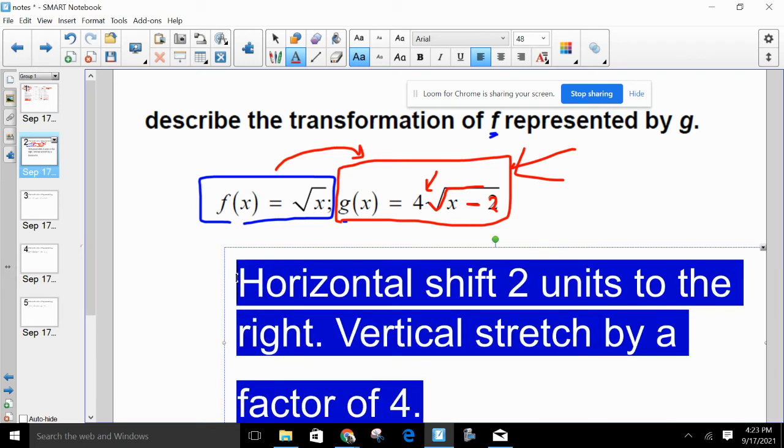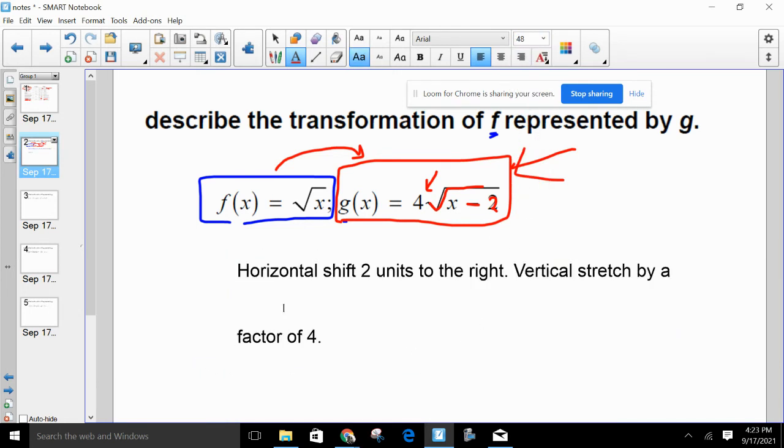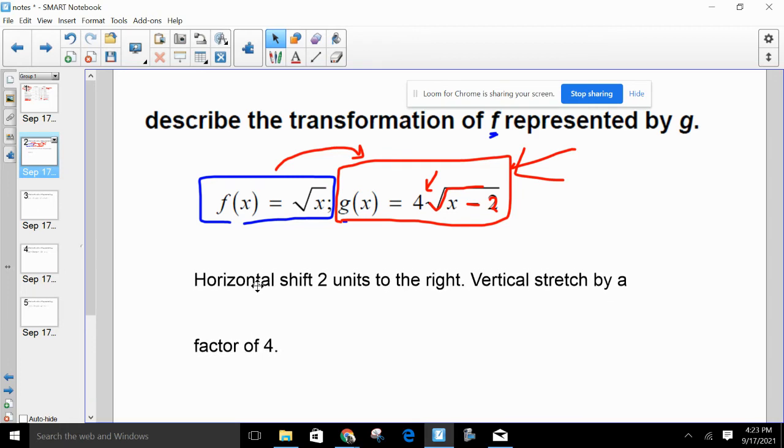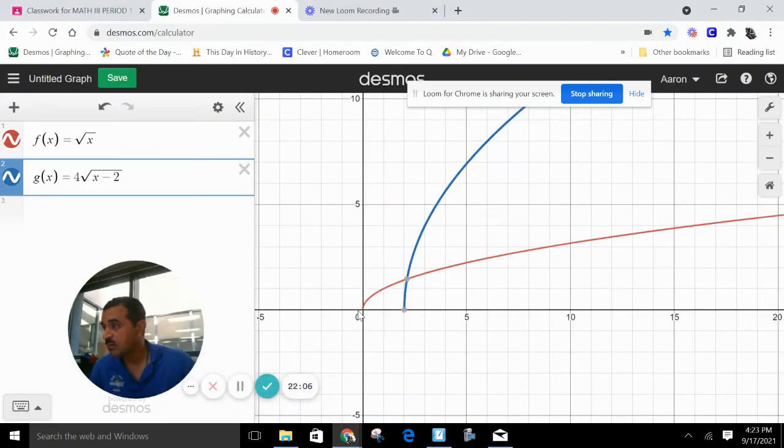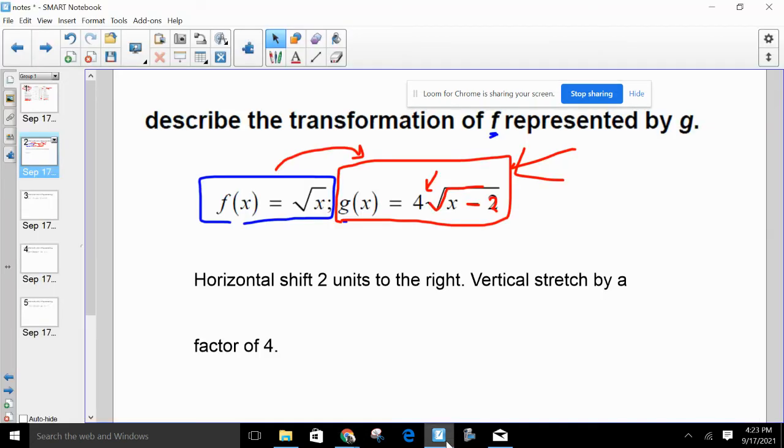Okay, that's the answer. This is how we describe it. So describe the transformation. I described it right here in 2 sentences. It's a horizontal shift 2 units to the right, and we saw that. Look at from red to blue, it's 2 units to the right, and then a vertical stretch. Remember, stretched away from the x-axis by a factor of 4.